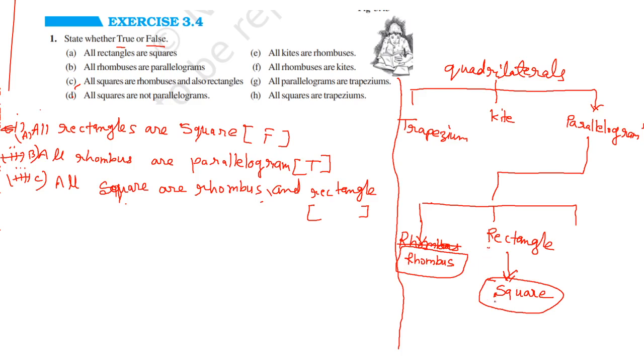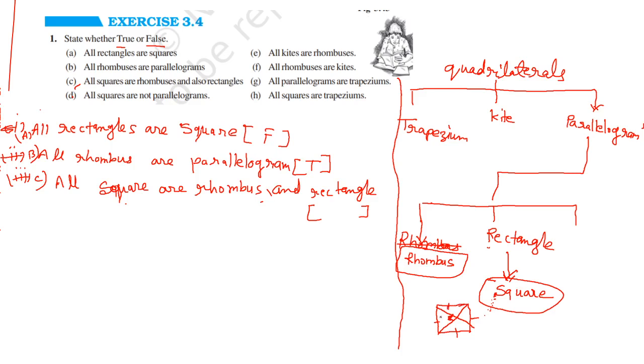Since all its sides are equal and the diagonals are perpendicular bisectors in a square, it follows all the properties of a rectangle. Along with this, since all sides are equal and the diagonals are perpendicular bisectors, a square follows the properties of a kite also.